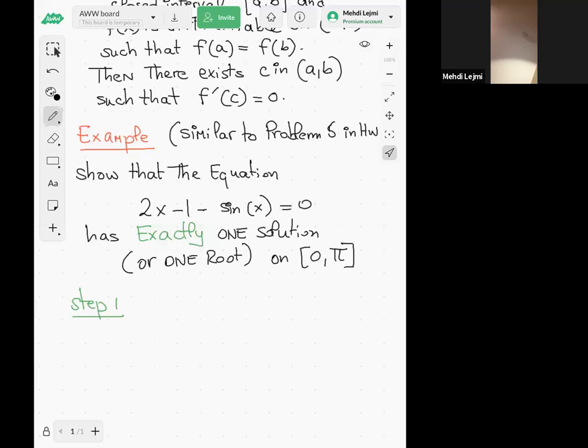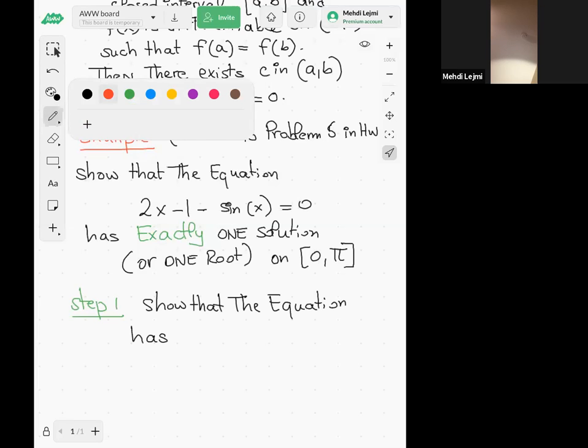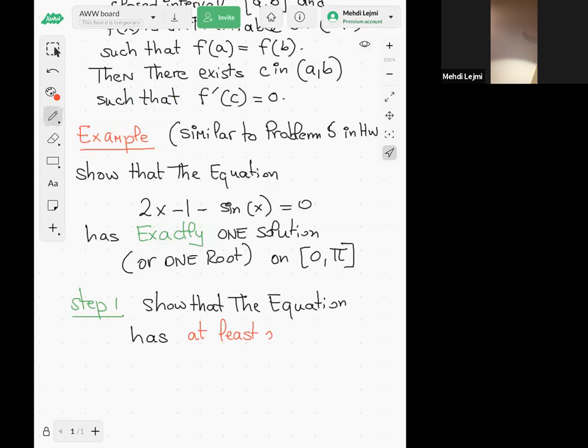So we have to show that the equation has at least one solution. When I say at least one solution, it means it could be one. The equation could have one solution, or two solutions, or three solutions, etc. So it could have one solution or more than one solution.